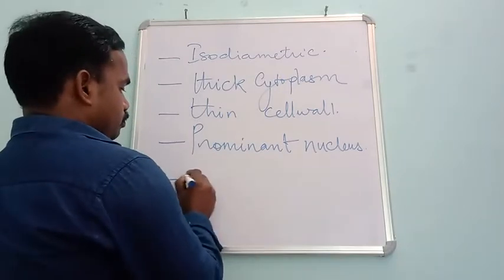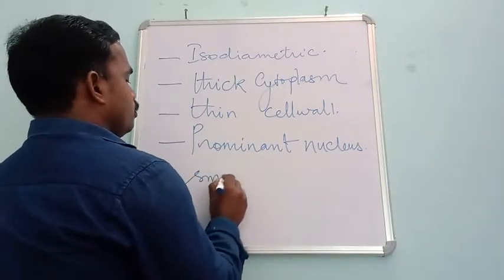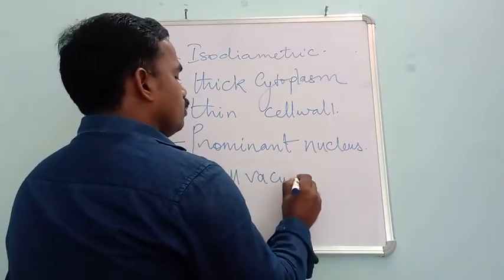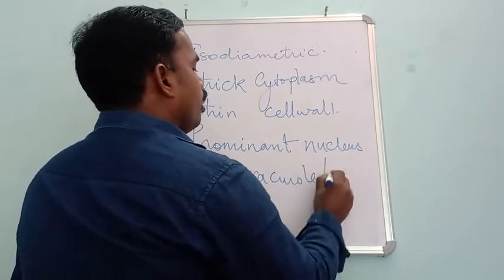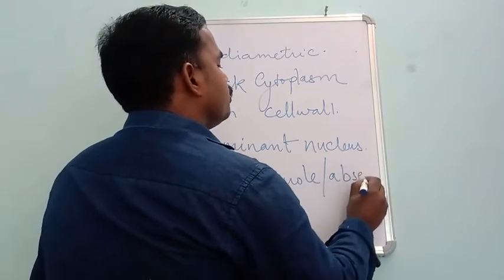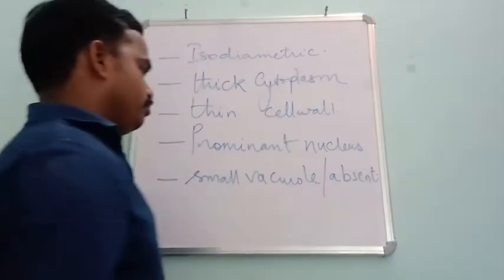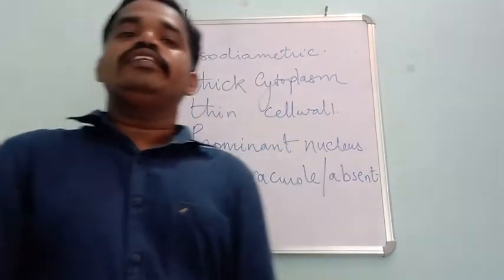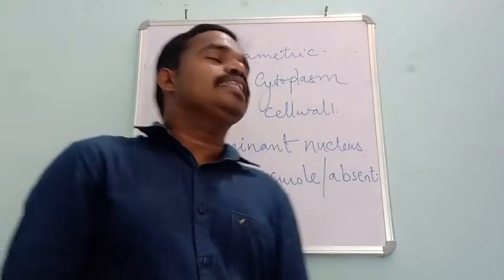Small vacuoles are present or vacuoles are absent. So these are the features of meristematic cells.